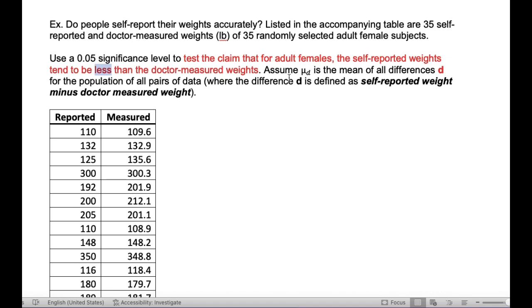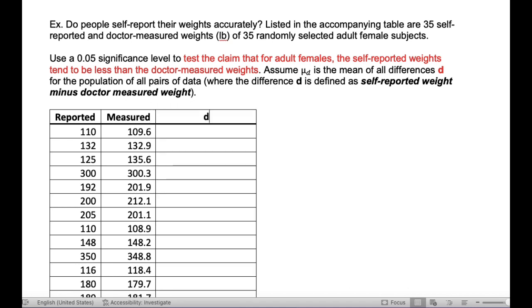I just want to be a little more clear about what d represents in case you forgot from reading the book. Okay, so d is what we call the difference. And we are told it's self-reported minus doctor-measured. So in this case, for the first woman, it would be just the difference between what she reported and what was measured. And you can see for the second woman, it would actually be negative.